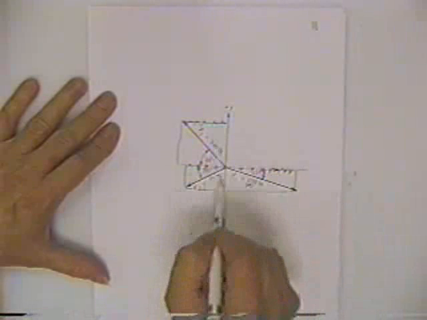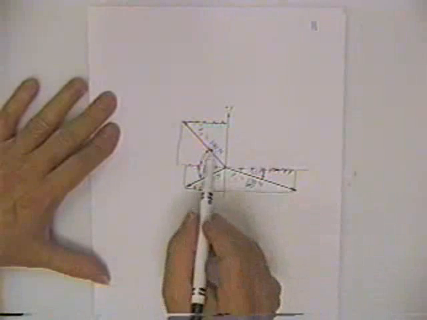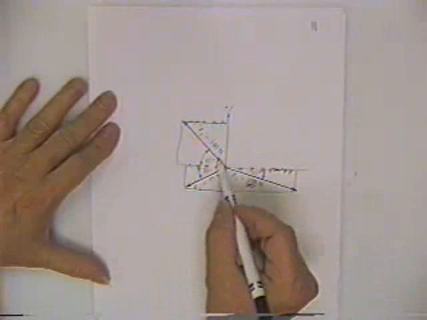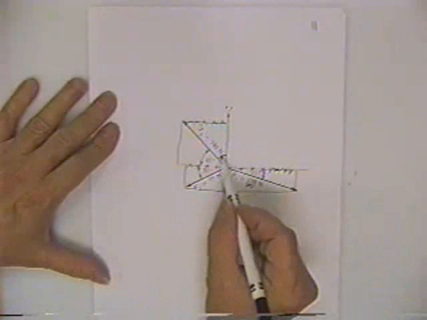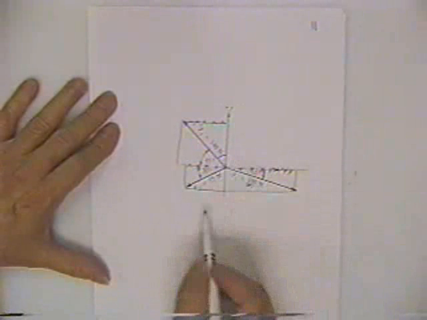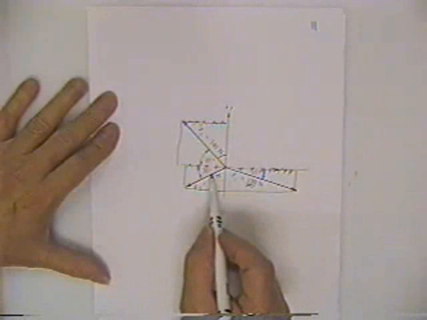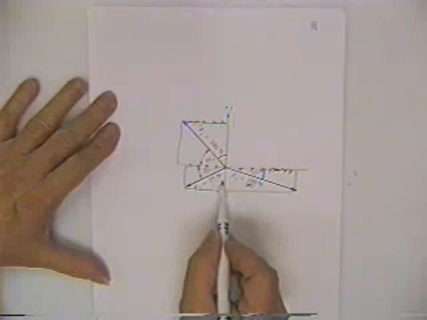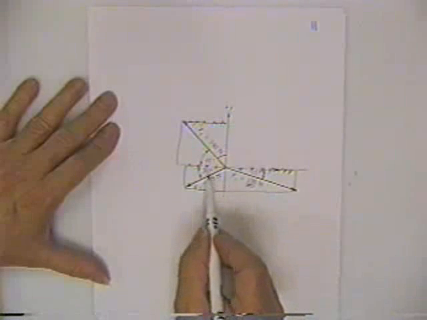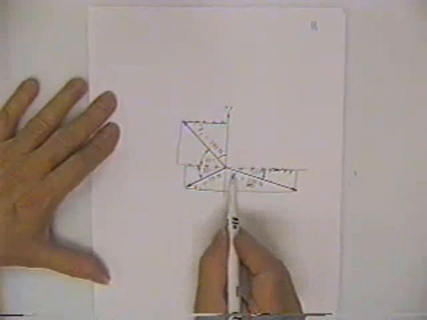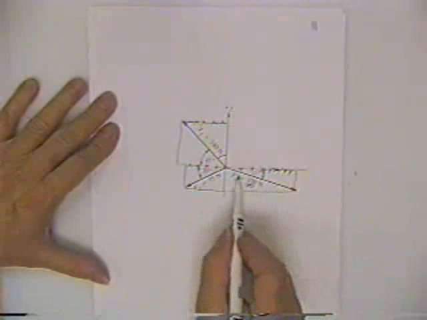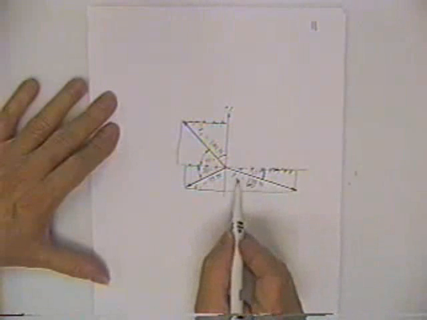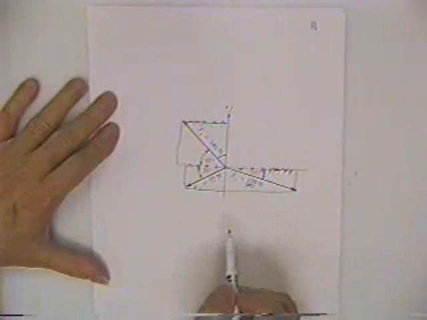Then you do the same thing for the vertical components. You'd multiply F3 times the cosine of 45 degrees. You'd multiply F2, 75 Newton force, times the cosine of 60 degrees, this one being 30. And you'd multiply this 130 Newton force times the cosine of 85.